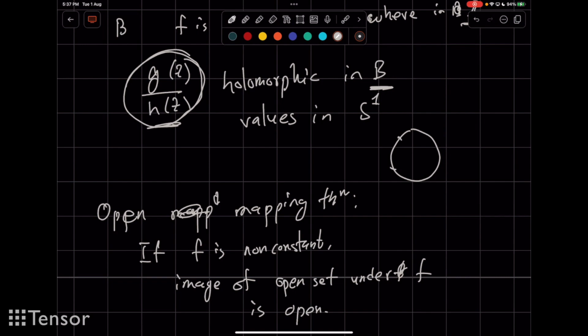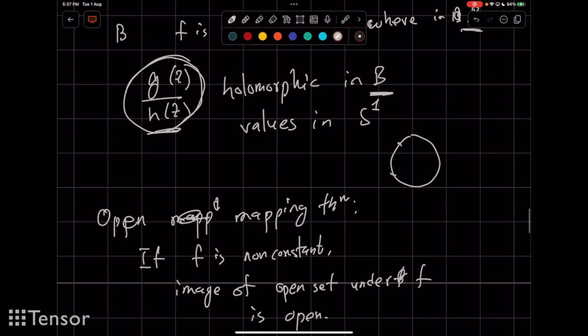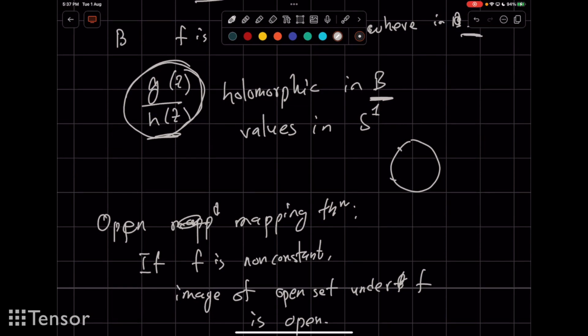B is an open ball, so the image of B is supposed to be another open set. But we know that this function has values in S1. So the image of B is some subset of S1. We don't know which subset, but it doesn't really matter.